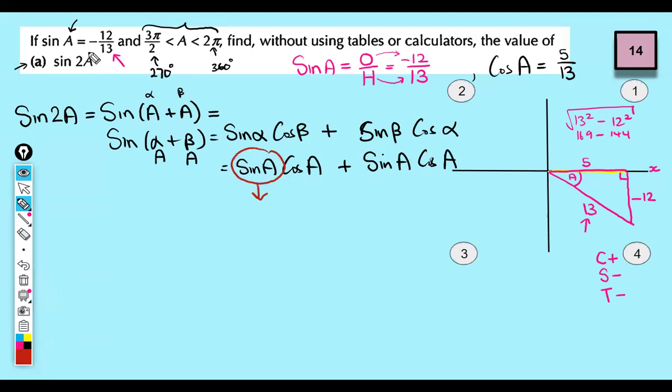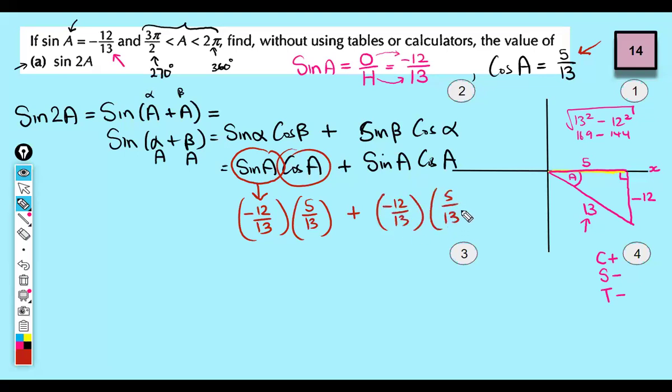Well, the examiner was nice enough to tell you it's minus 12 over 13. Multiply by cosine A, which you just reasoned out, 5 over 13, plus, how much is sine A again? Well, it's the same exact thing over here. Minus 12 over 13 multiplied by 5 over 13.